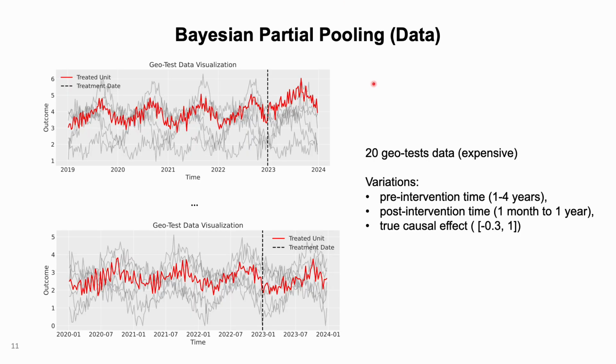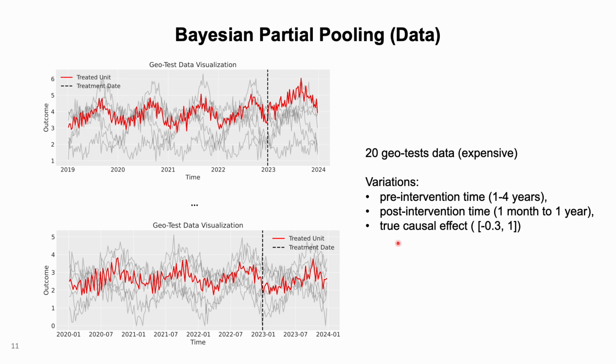For the data set used in Bayesian partial pooling, we synthesized 20 geo-test datasets. The main reason we chose such a small sample size is because geo-tests are usually very expensive to conduct, so each company can usually conduct only limited geo-tests each year. And the data varies across pre-intervention time, post-intervention time, and also true causal effect.